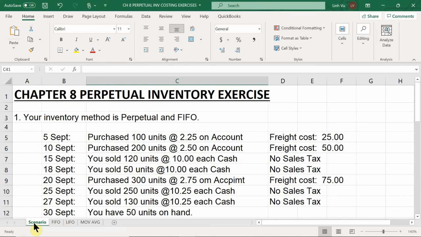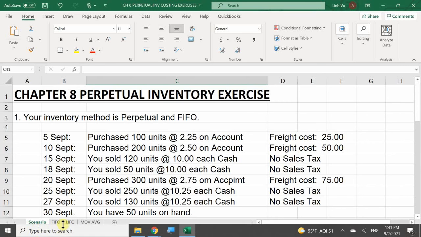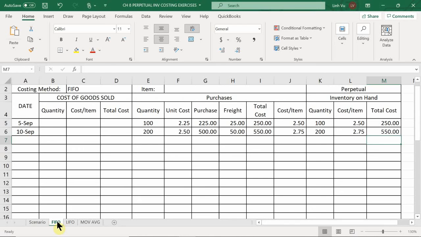Then on September 15, we end up selling 120 units at $10 each for cash, no sales tax. So you sold 120 items. September 15, we sold 120 units.